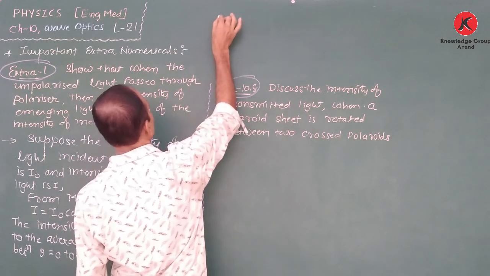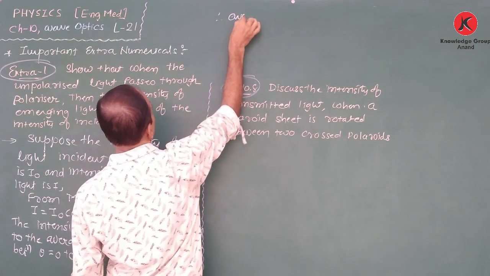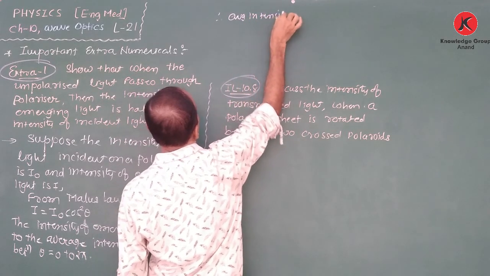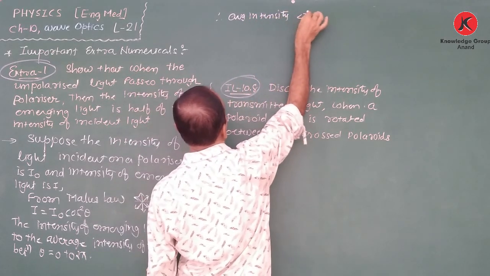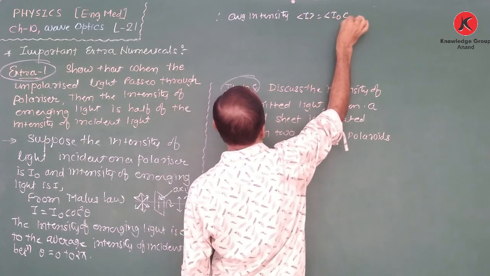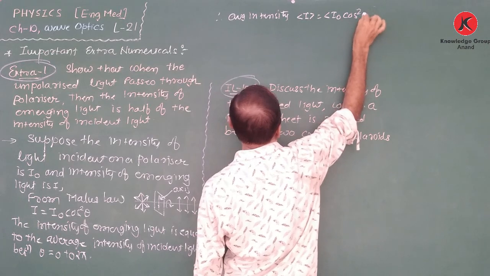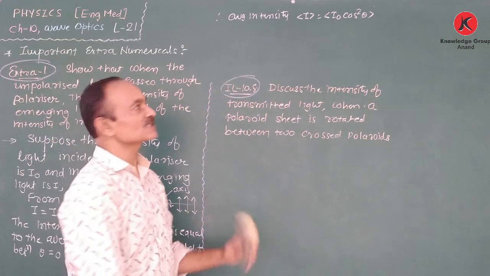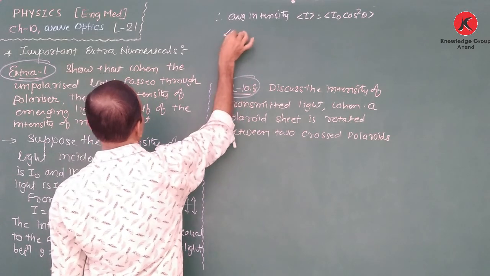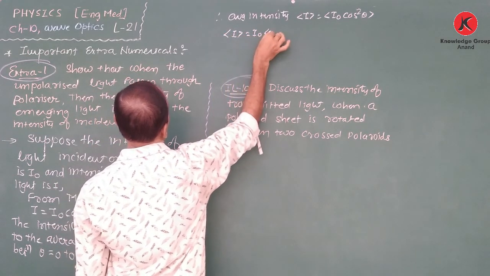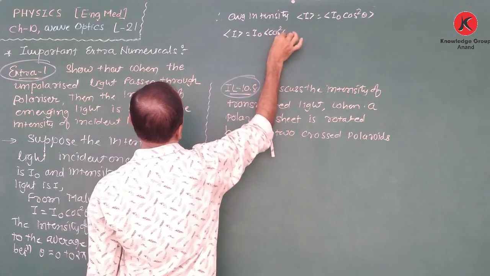Then the average I is equal to the average of I0 cos square theta. I0 is the maximum value of intensity, which is constant, so we take it common: I0 times the average value of cos square theta.